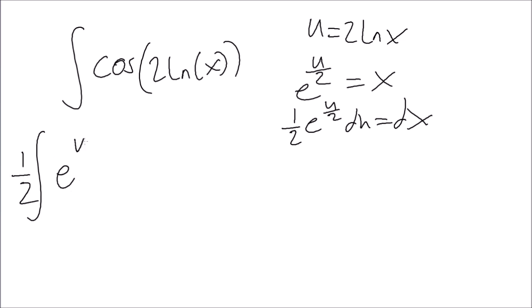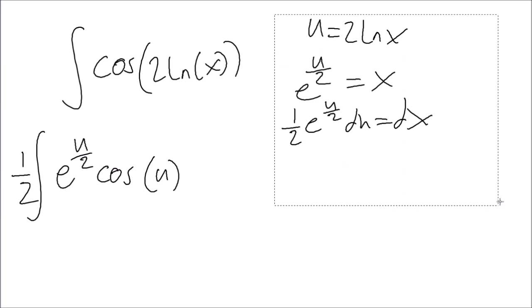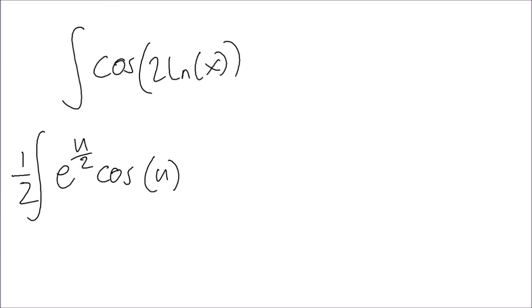This is e to the u over 2 cosine of u, right? And then you just kind of do integration by parts here. So I'll differentiate cosine, integrate this, e to the u over 2, right?